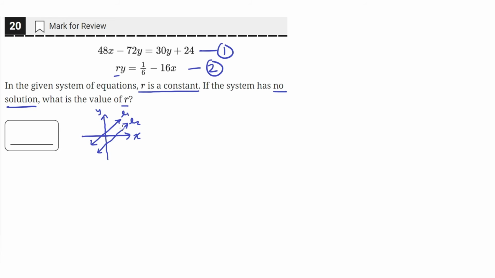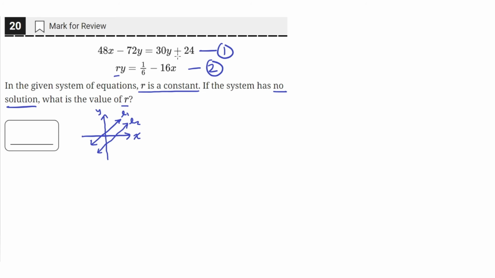So these two lines will never intersect, which means they have no solution. So after we plug in the value of R, we need to find a value of R such that the slopes are the same on these two lines, so that they never intersect, meaning there's no solution.